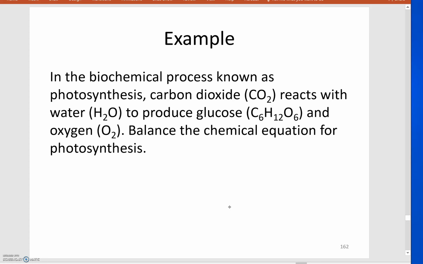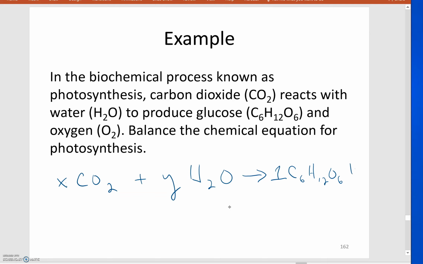So our general equation for this is photosynthesis. We've got X molecules of CO2 reacting with Y molecules of water to give me, and I'm going to choose glucose to be my target, 1 molecule of glucose, and I do need a third variable, Z molecules of oxygen.